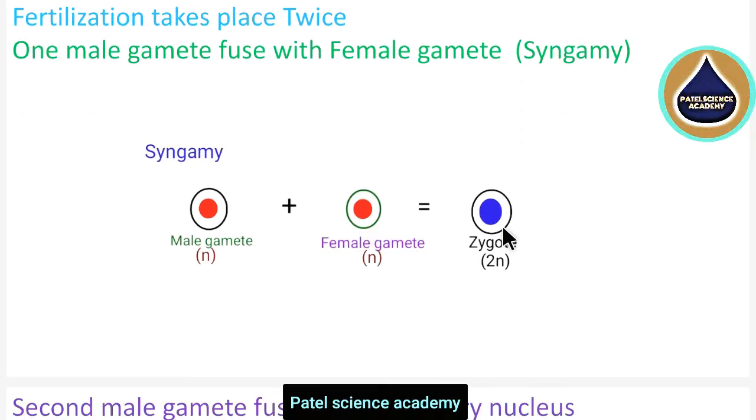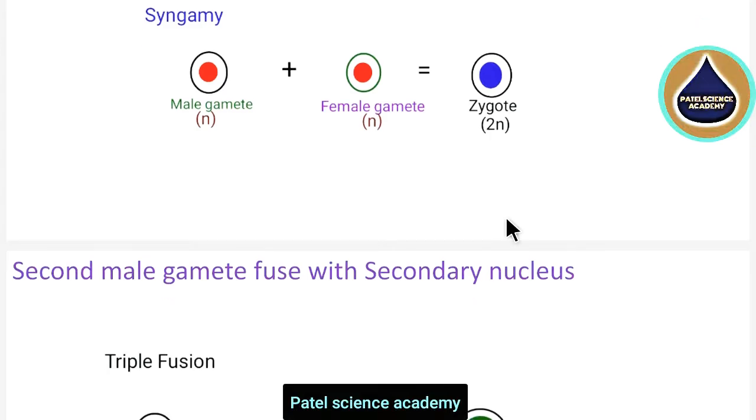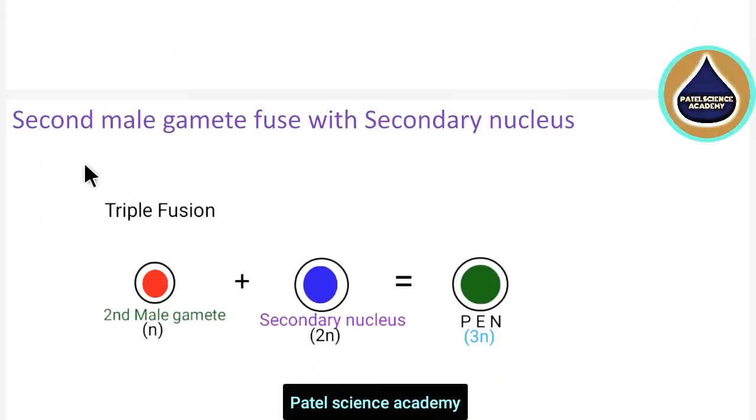So after first fertilization, what happened? The second male gamete fuses with the secondary nucleus. Actually there are two male gametes in the pollen tube of the pollen grain, out of which I have explained about the first one to produce the zygote.